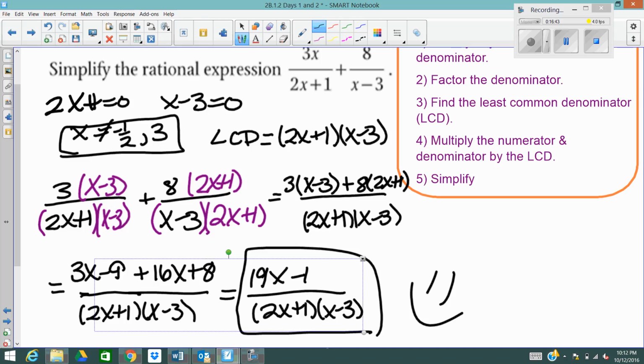Leave it as a product of factors. Don't actually distribute it out. It'll make it a lot harder if I were to have distributed the 2x plus 1 into the x minus 3, because then later we can't cancel. So the common denominator stays the same, it doesn't change. It's the numerators when we're adding and subtracting that we're going to have all the work for.